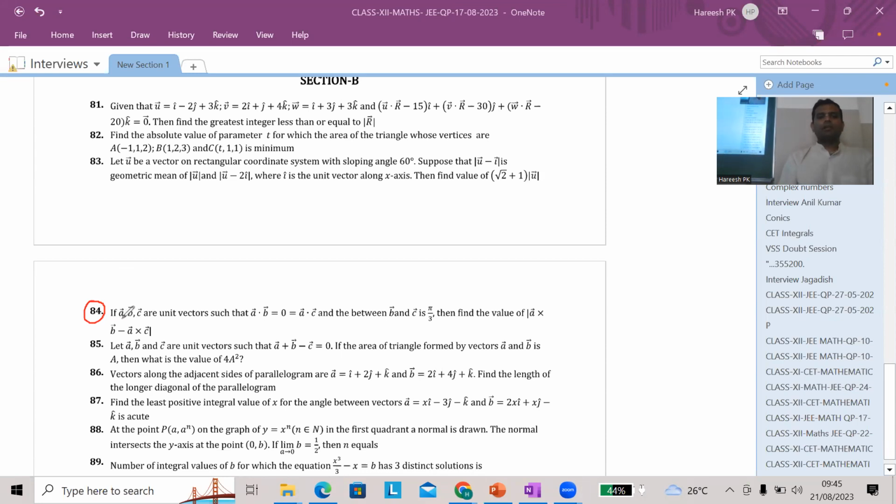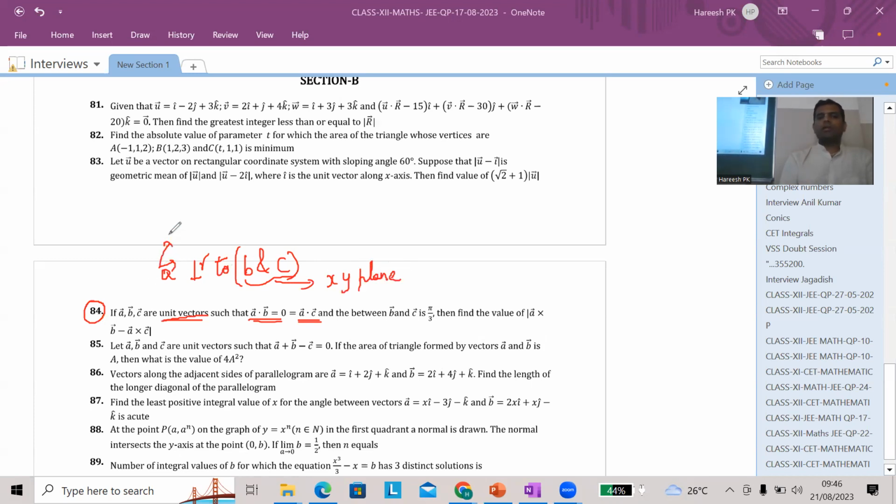Let us read the question. A, B, C are unit vectors, and A dot B is 0, and A dot C is also 0. That means A is perpendicular to B and A is perpendicular to C. That means I can assume B and C to be in the XY plane.